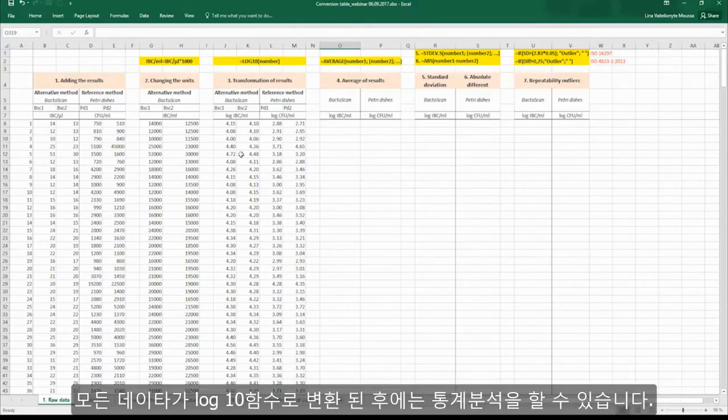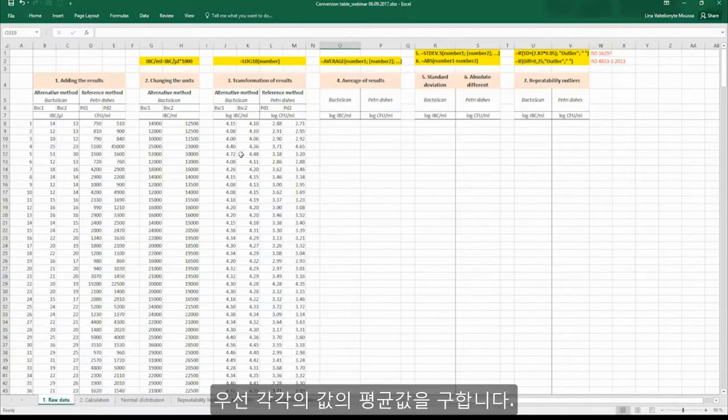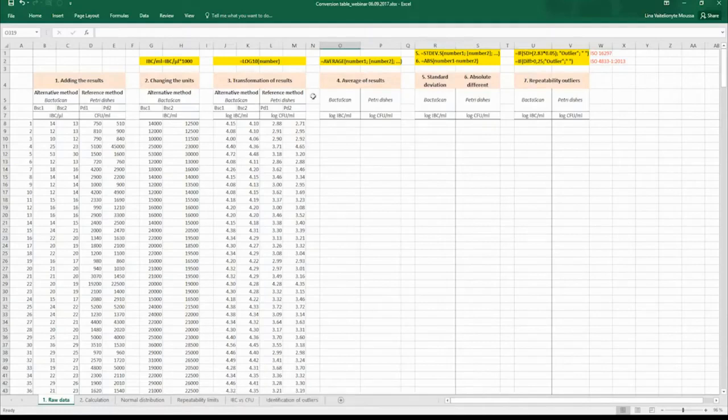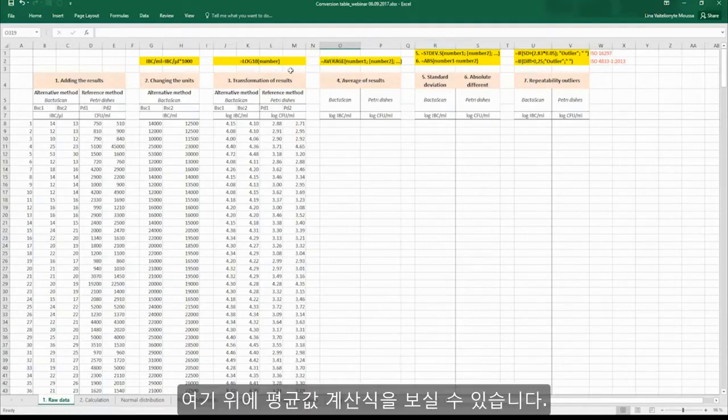When all data are transformed to logarithmic scale, we can now do statistical analysis. First of all, the mean value of each sample must be calculated. On the top you can see the highlighted formula to be used for mean value calculations.